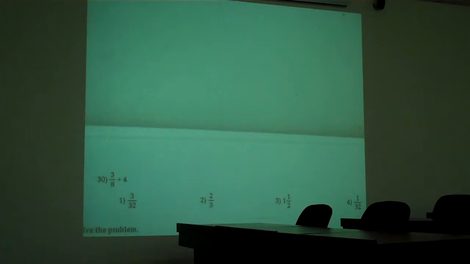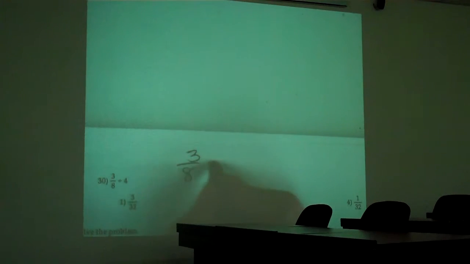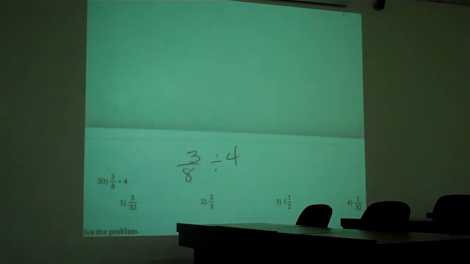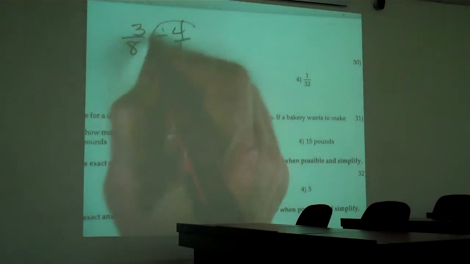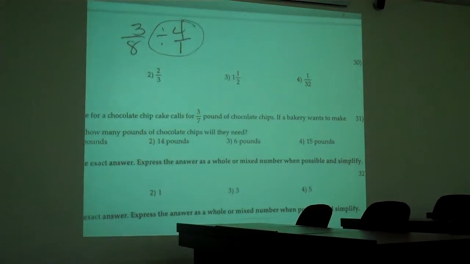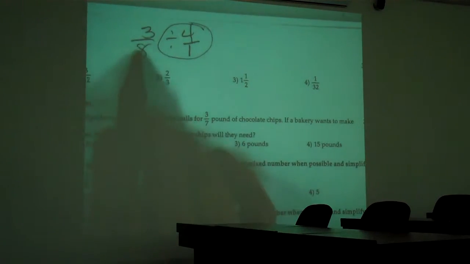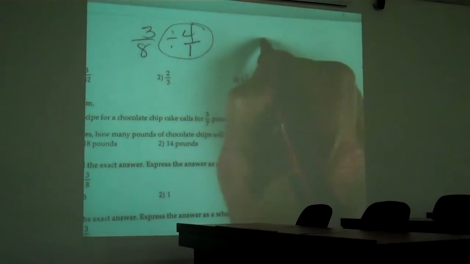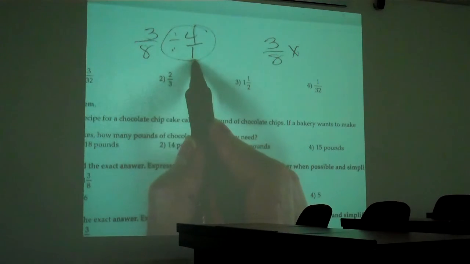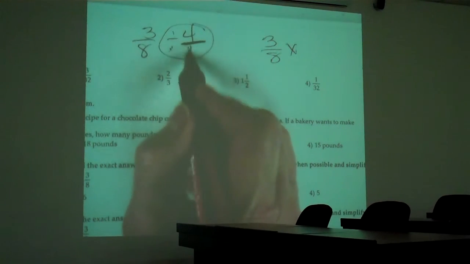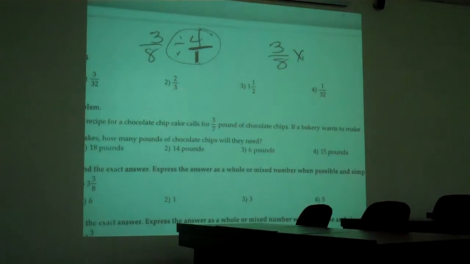Okay, 3/8 divided by 4. What do we do with that? We still have to multiply it by the reciprocal of the second one. You never flip that first one, okay? Leave the first one always. Multiply, flip this over. 4 is the same as 4/1.